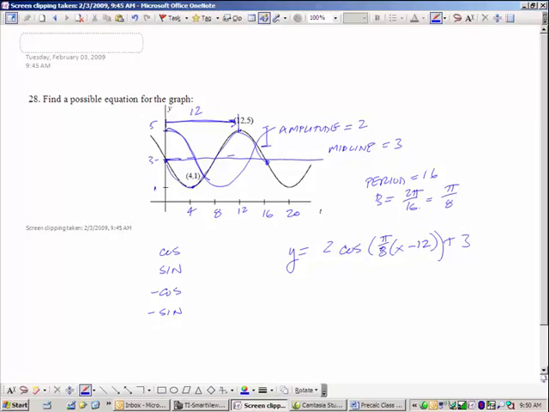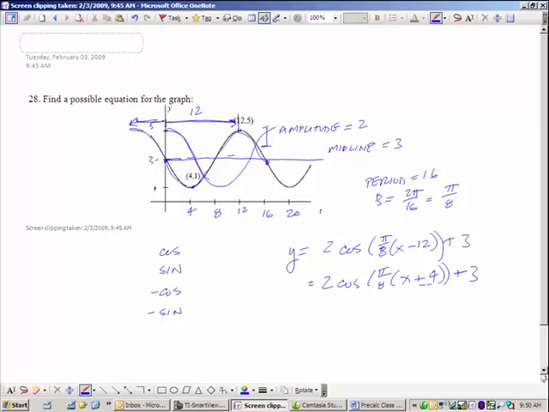However, someone could have said, you know what? Instead of shifting 12 units to the right, you could have shifted 4 units to the left, plus 4, because that's where this function was right here. Yeah, you could have shifted it back this way. And they're both correct.